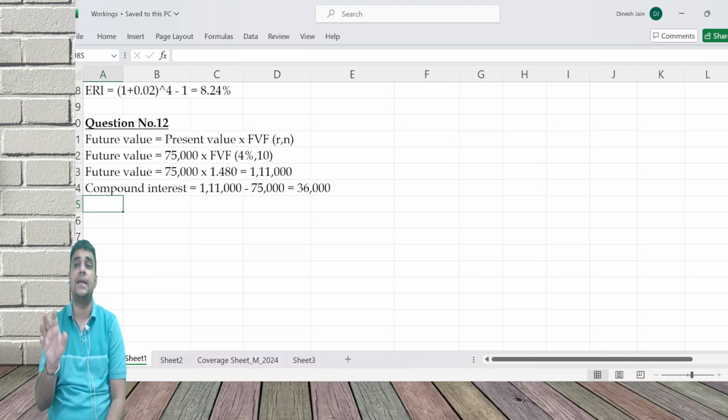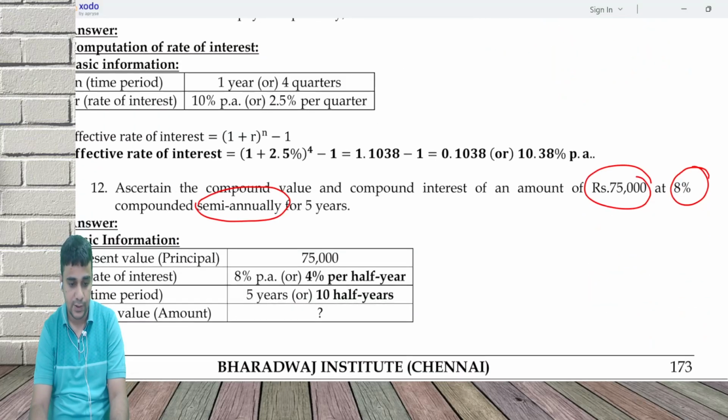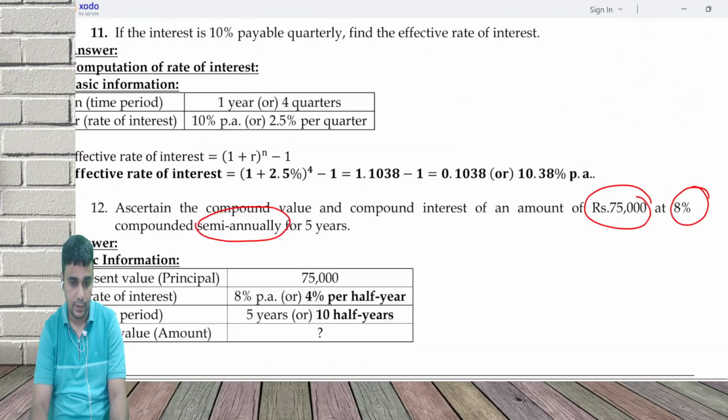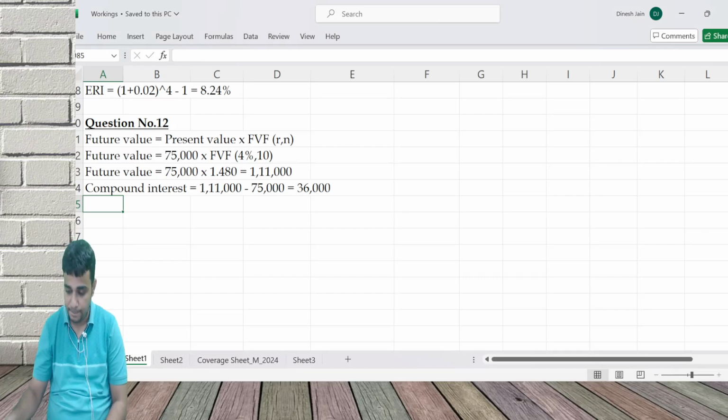Okay, please get me the revised value if it's compounded quarterly. Like semi-annual, it's quarterly now. Get me the revised answer.